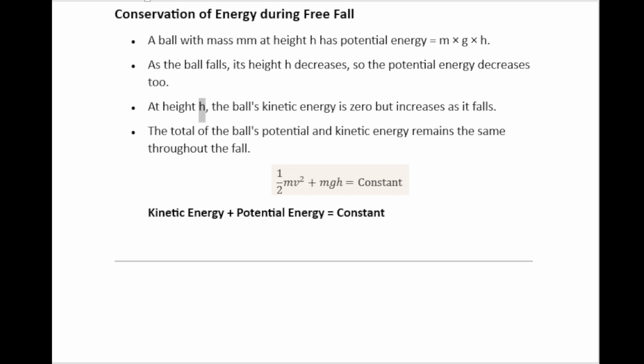At height h, the ball's kinetic energy is zero but increases as it falls. The total of the ball's potential and kinetic energy remains the same throughout the fall. Kinetic energy plus potential energy is equal to constant.